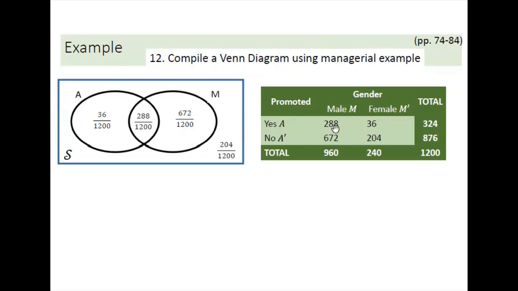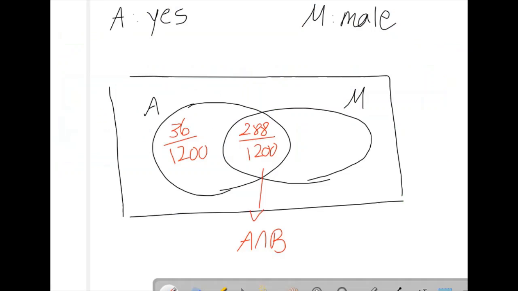We already have 288 who got promotion, so we need 672 who didn't get promotion.